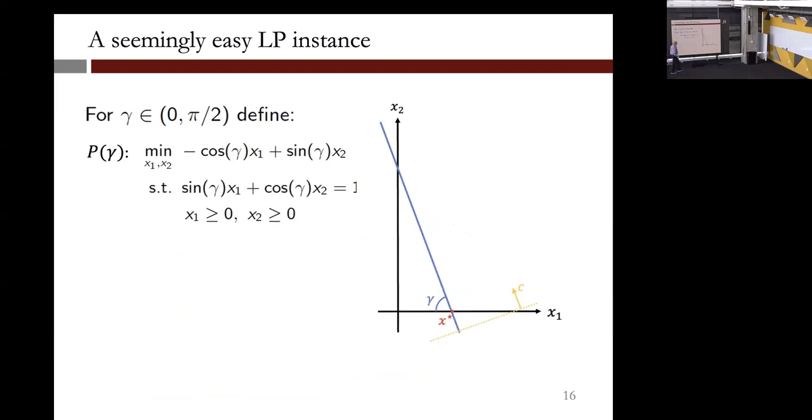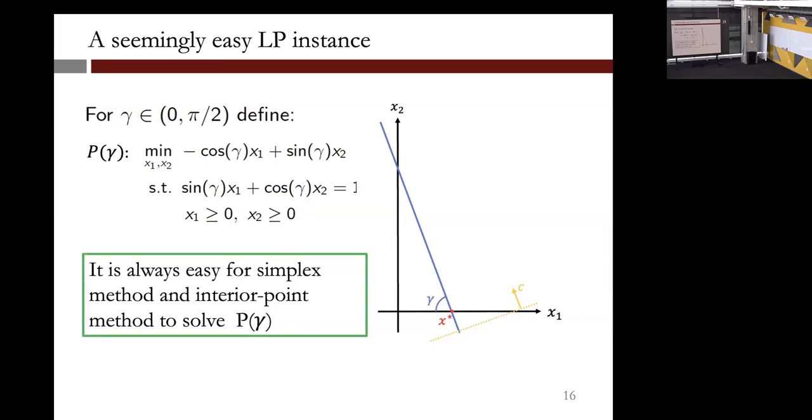So here's a seemingly easy LP instance. I'm going to minimize this objective in yellow, subject to the intersection of the non-negative orthant and this blue hyperplane, okay? And the solution is trivial to compute using either the simplex method or an interior point method. It's always easy for them to solve this problem. The problem is parameterized by this angle gamma.